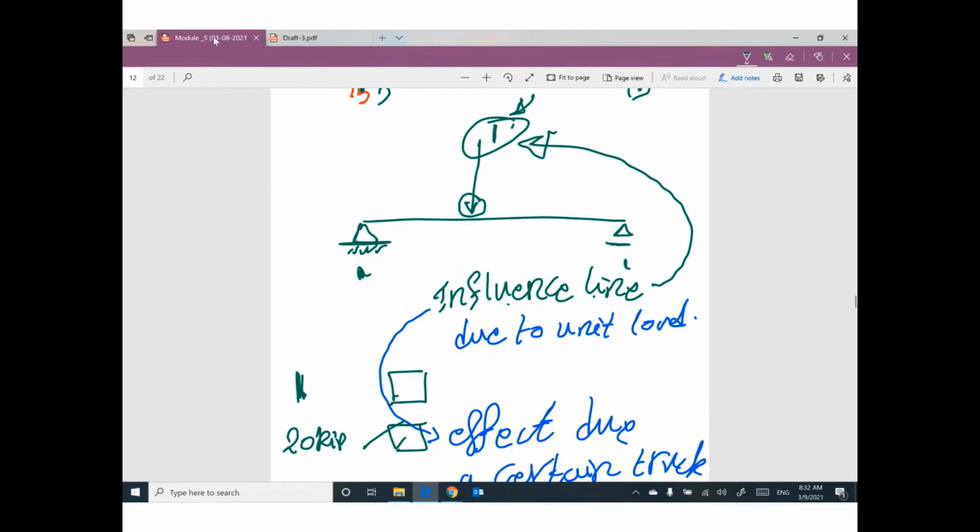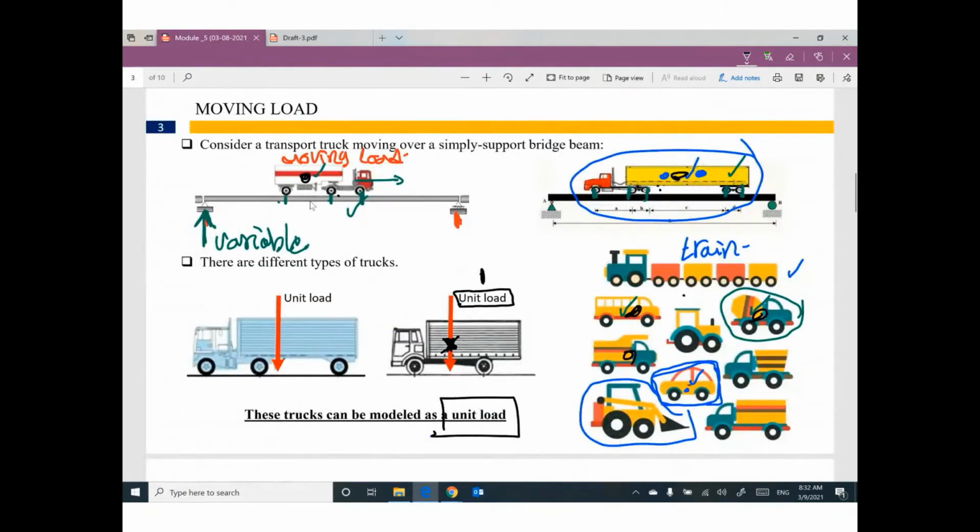Okay, so the next part, we will draw or calculate the influence line due to a unit load. However, we have many types of trucks. Later, after we get the influence line due to a unit load, we can get the effect of these trucks. Any trucks, we can do it.